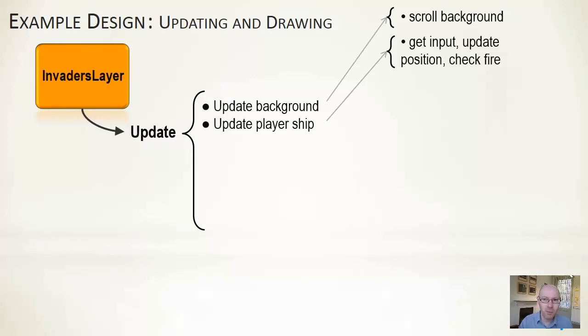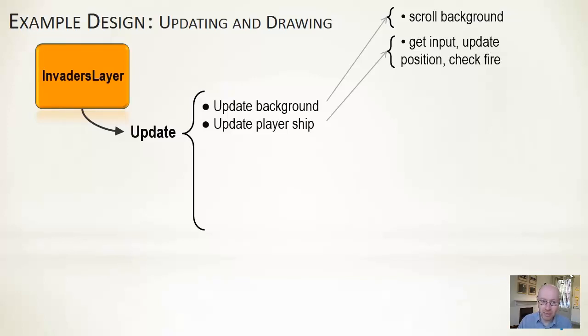You've got to decide, well, who will check for this? And you could decide, well, it's going to be the player that will check to see is the player colliding with any of the missiles. Or conversely, you could say, let's look at each of the missiles and ask, has it collided with the player? Either option is fine. And you could put it down wherever you want it to.